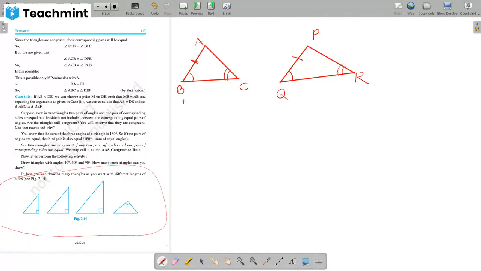My question is, can we prove these two triangles congruent by using the same criteria, ASA? No, ma'am. Because the side must be included.